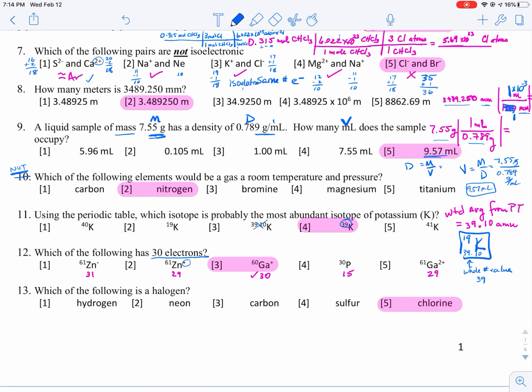So to get to the electrons, you're going to have to be dealing with the charge side of these different atoms. But to do anything with this, you still have to figure out your protons. So that's what these numbers are in here. If you're looking at a chart, zinc is 30.